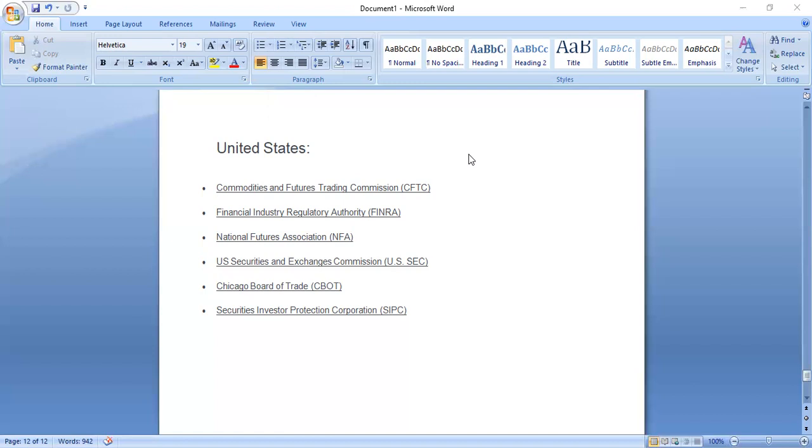So when this door was opened, people started joining hands, and companies started emerging as online brokers, aside from the offline brokers that we had, which were our local banks and other institutions. We started having online brokers who showed interest in the Forex business.